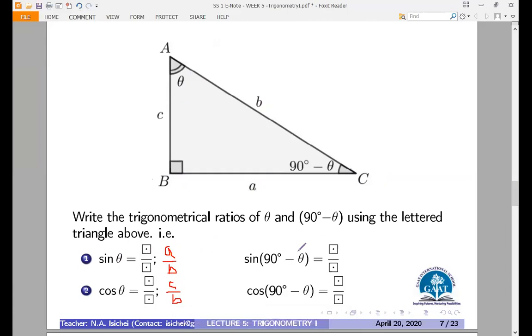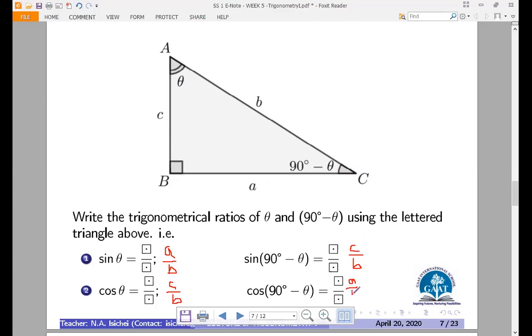Now sine 90 minus theta. Since 90 minus theta is now at vertex C, the opposite is now c, so opposite over hypotenuse is c over b. Then cos 90 minus theta is adjacent over hypotenuse, a over b.